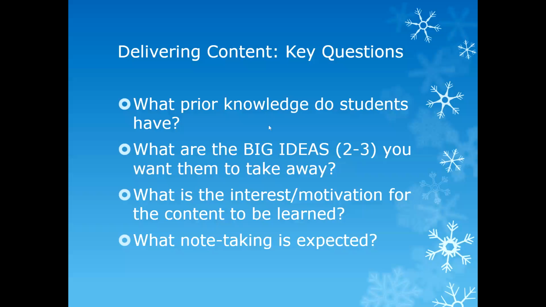And this is critical when we're working with kids that have learning needs and learning challenges, because they can get lost in all of the stuff. So what's really important? What are the 2 or 3 main ideas that you want the students to take away from this particular lesson?